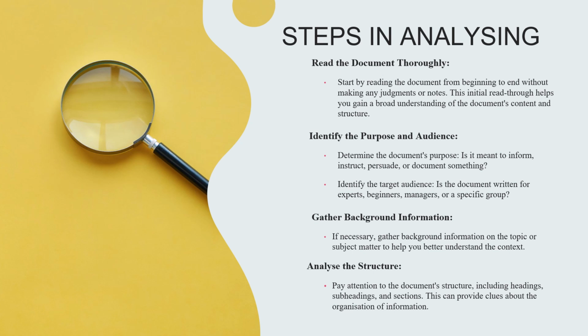Then you can gather background information on the topic, and then you can analyze the structure of the document. Analyzing the structure means you look at the format, how the information is written. Is it through the conventional way of writing? From understanding how the information is organized, it helps you to actually locate certain information.